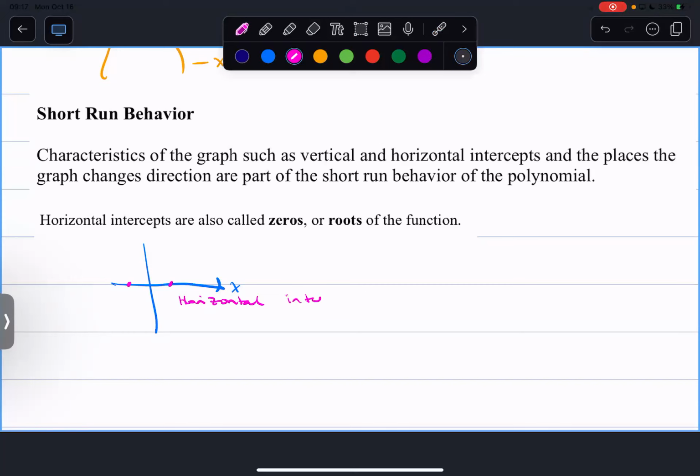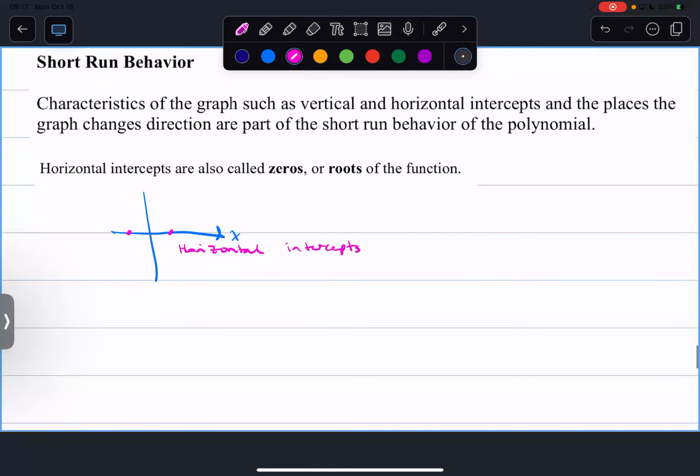Horizontal intercepts, but also you could call them zeros or roots of the function. So same thing, but just three different terms that mean the same thing, where it crosses the x-axis.